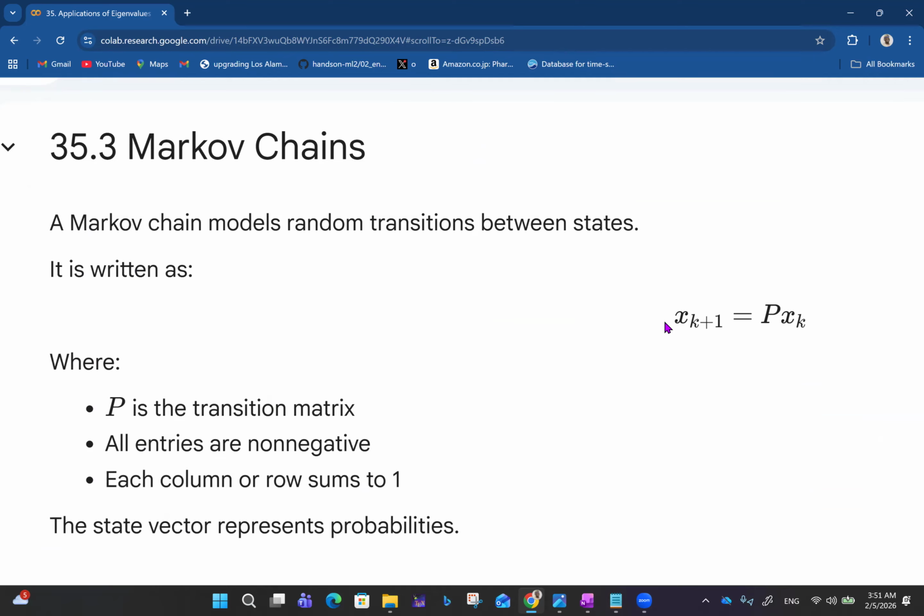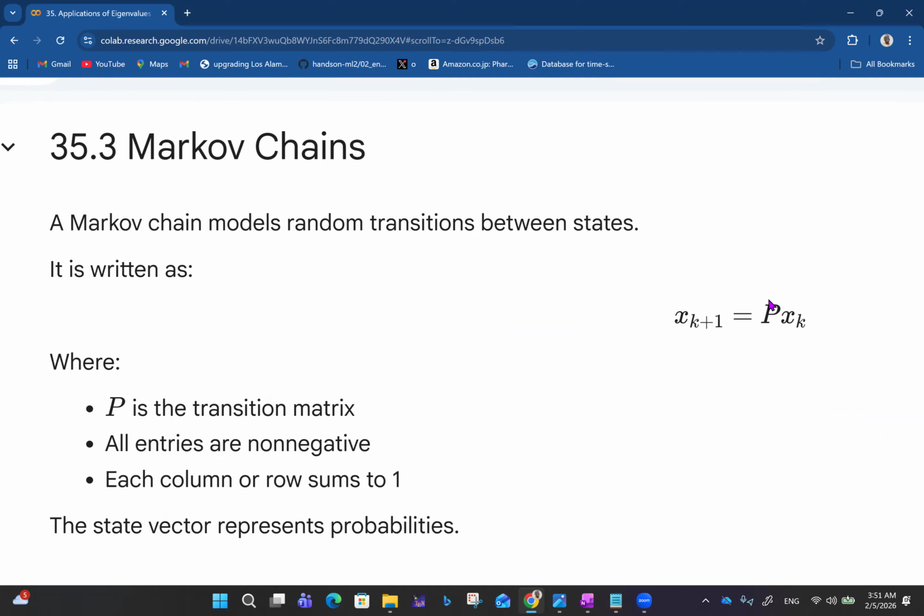It is written as x sub k plus 1 equals P x sub k, where P is the transition matrix. Just like the A matrix earlier, all entries are non-negative. Everything has got to be non-negative, and each column or row sums to one.